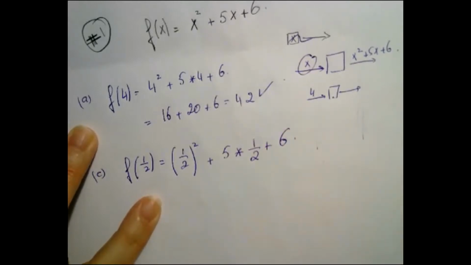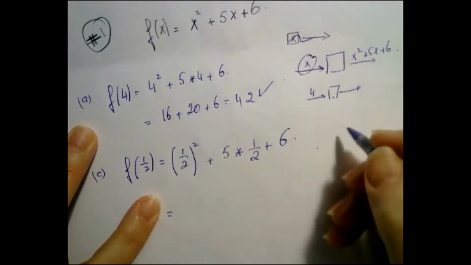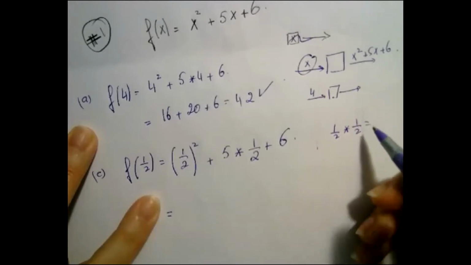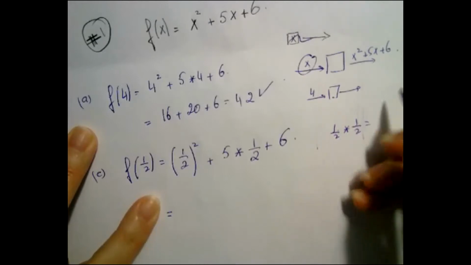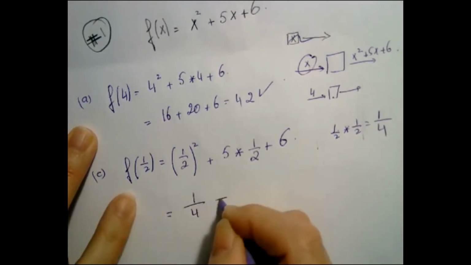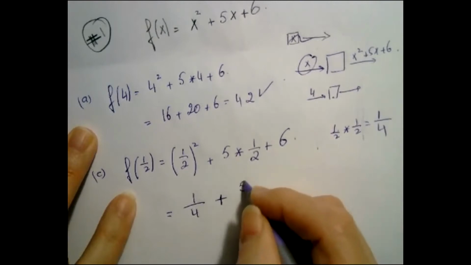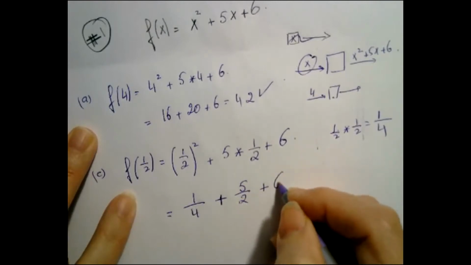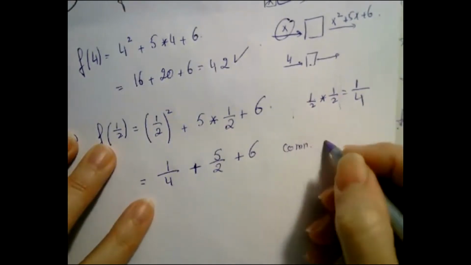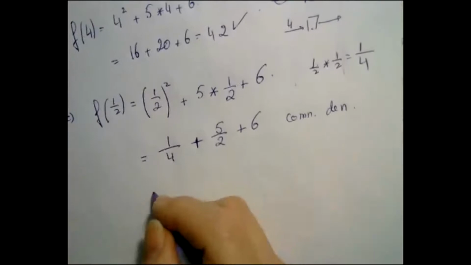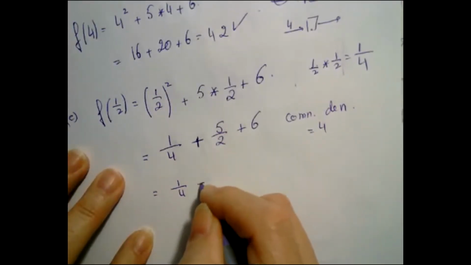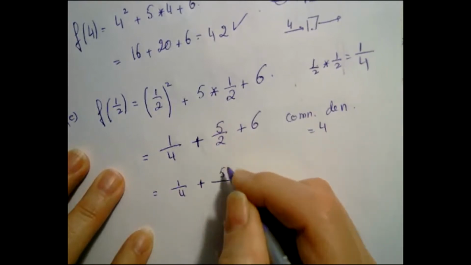plus 6. Okay, now we're going to compute. 1/2 squared means 1/2 times 1/2. And when we reviewed fractions last time, we multiply the numerator over the product of the denominators. 5 times 1/2 means 5 halves, plus 6. And now the common denominator, which is 4. So it's 1 over 4 plus 5 over 2.